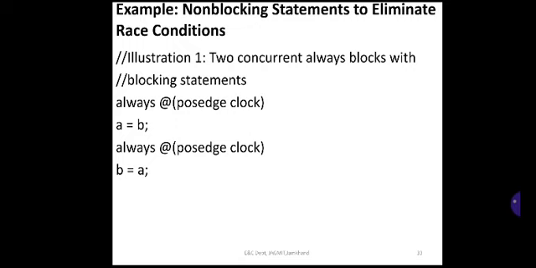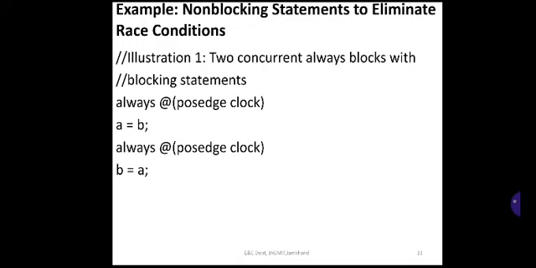Either A is equal to B would be executed before B is equal to A, or vice versa. You do not have any surety. If the A value is different and the B value is different, you may end up getting A assigned to B or B assigned to A. That is not guaranteed by the simulator, so it depends on the simulator implementation.